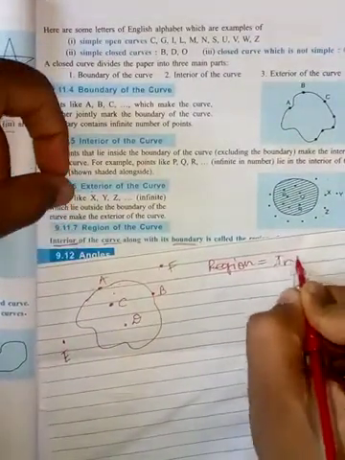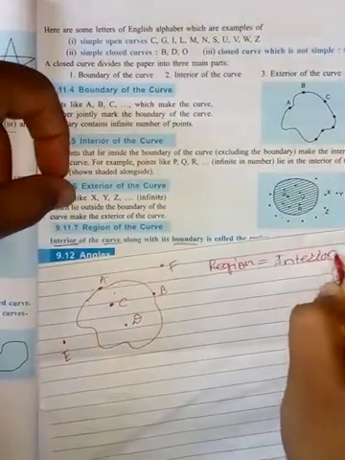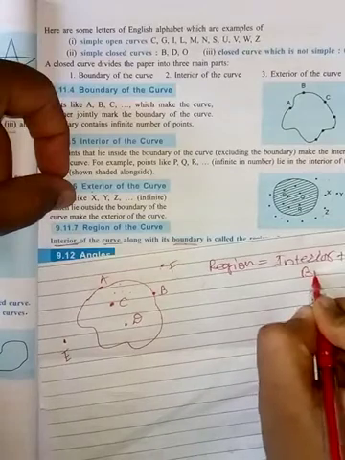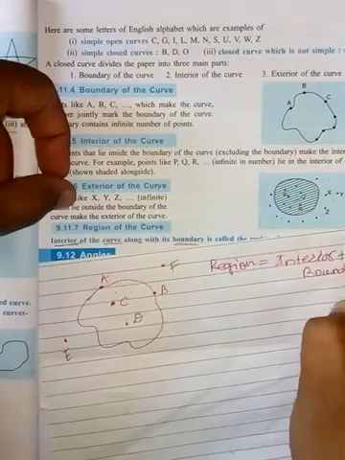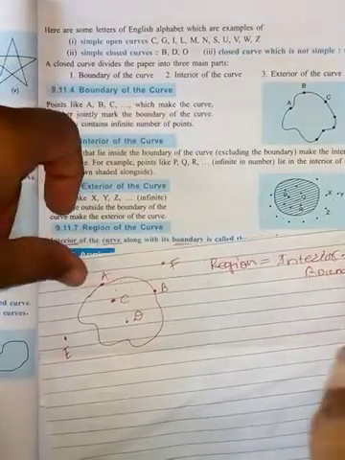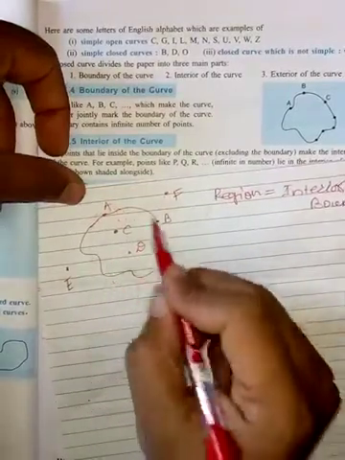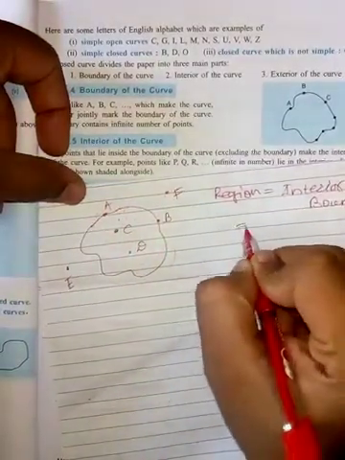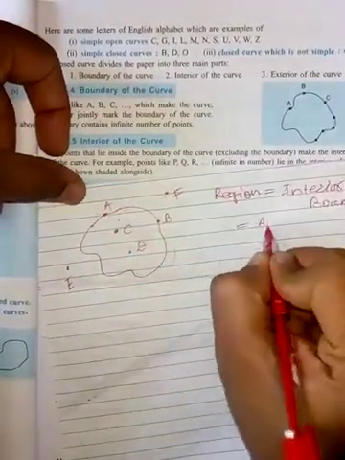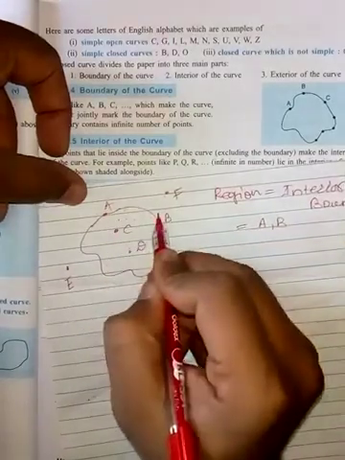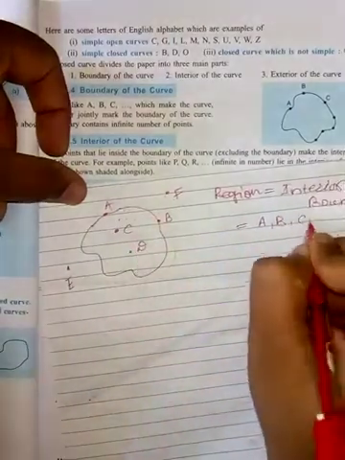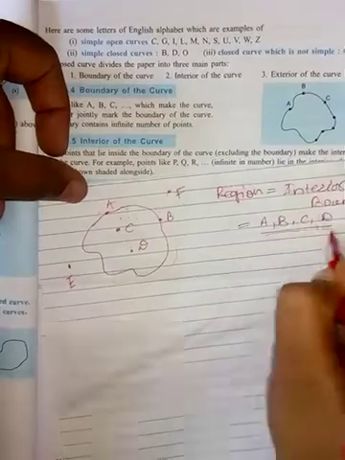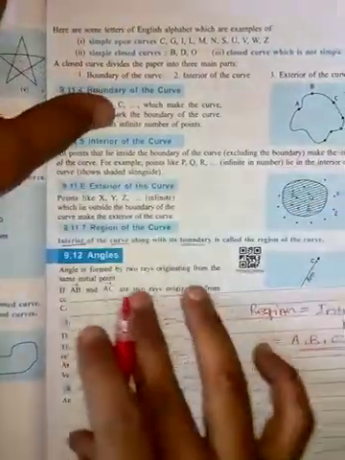So on the region, how many points are there? Points A and B are on the boundary, and interior, C and D. Understand? All 4 points are on the region of this curve.